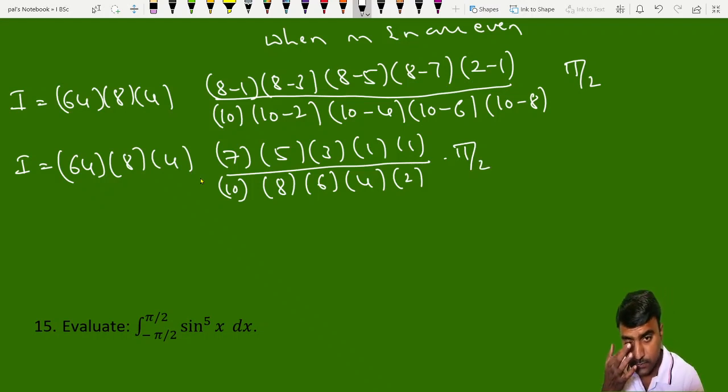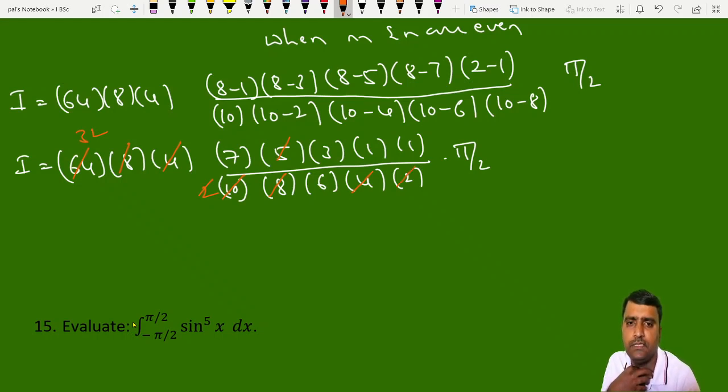As you simplify, you multiply this and write the final value. 8 and 8 cancel. You can cancel this 4 and 4. And also 5 ones are 5, 5 twos are 10. Again 2 ones are 2, 2 32s are 64.